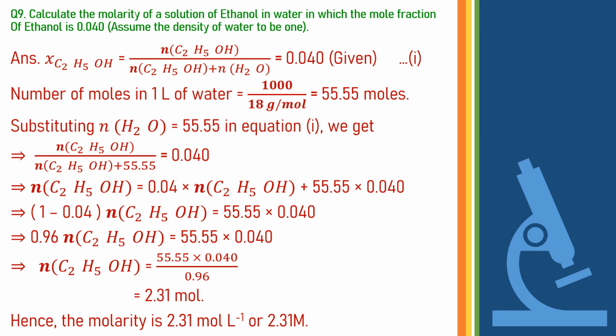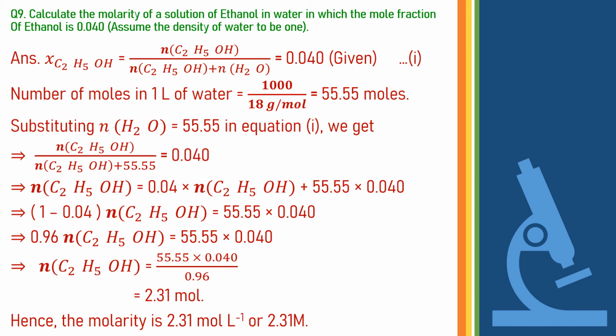Now we have to calculate the number of moles in 1 liter of water, because here it is 1000. For that we calculate 1000 divided by the molar mass of water. The molar mass of water is 18 gram per mole. So what is it coming to? 55.5 moles.